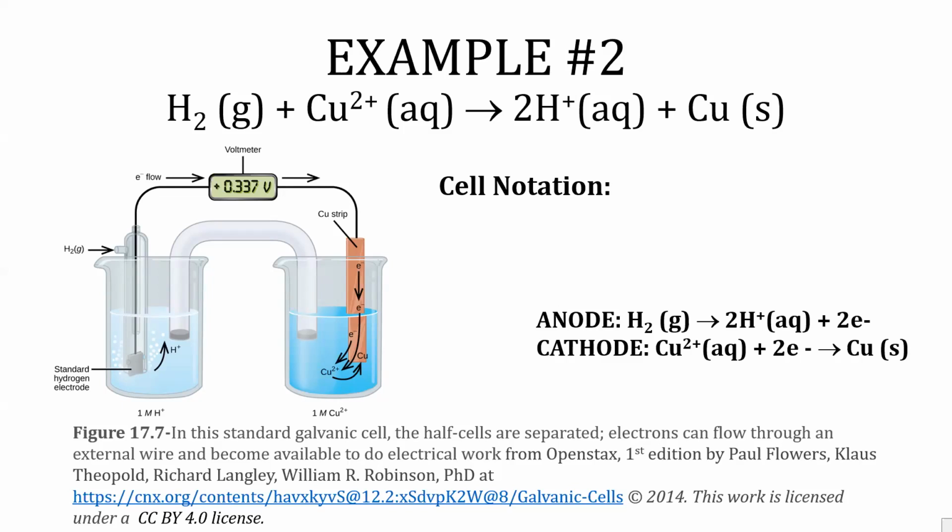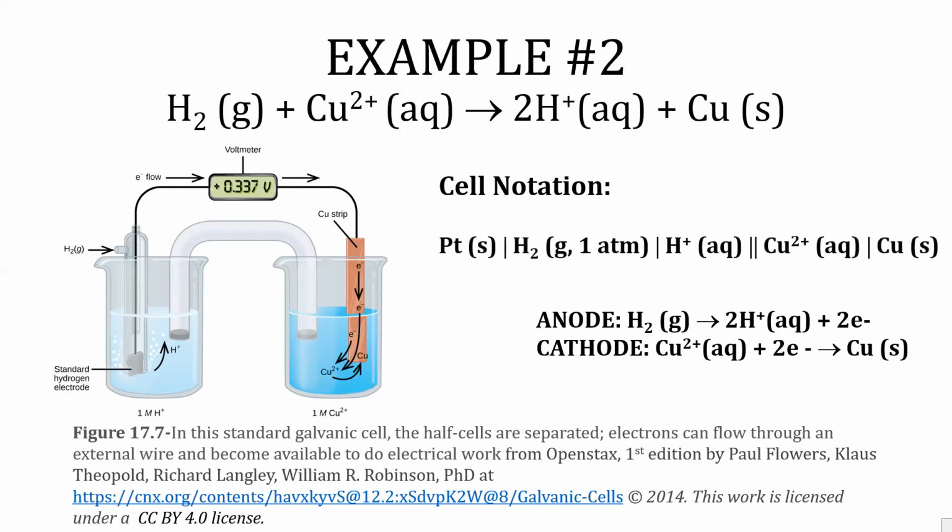The cell notation for this process is solid platinum, single bar, hydrogen gas, single bar, hydrogen ion, double bar, copper 2 plus ion, single bar, solid copper.